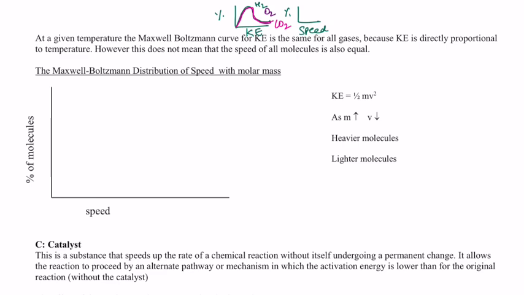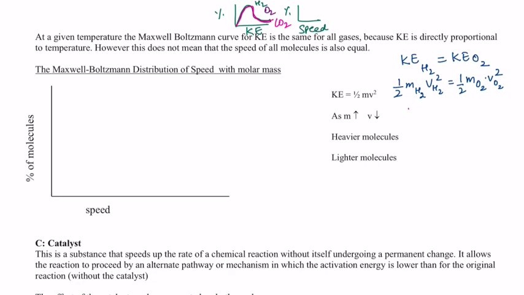However, this does not mean that the speed of all molecules is also equal. If we keep kinetic energy constant, such that kinetic energy of hydrogen is equal to the kinetic energy of oxygen, then using the kinetic energy formula, we would get the expression half mass of hydrogen times velocity of hydrogen squared is equal to half mass of oxygen times velocity of oxygen squared.